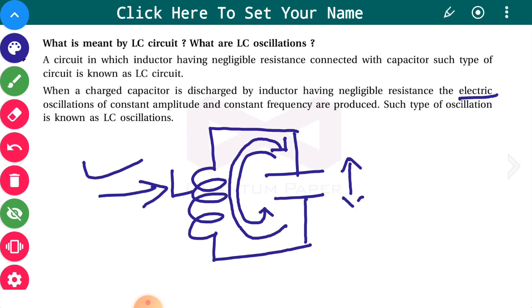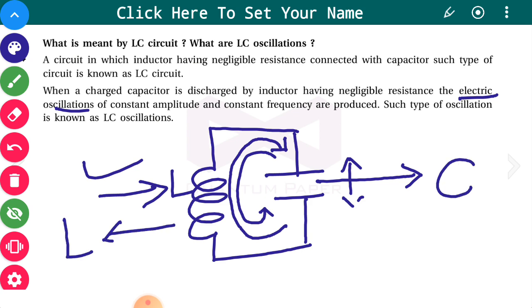These are the electric oscillations, and whenever this occurs, the electric field associated with the capacitor and the magnetic field associated with the inductor increase and decrease, and oscillations of constant amplitude and constant frequency are produced. This kind of oscillation is known as LC oscillations.